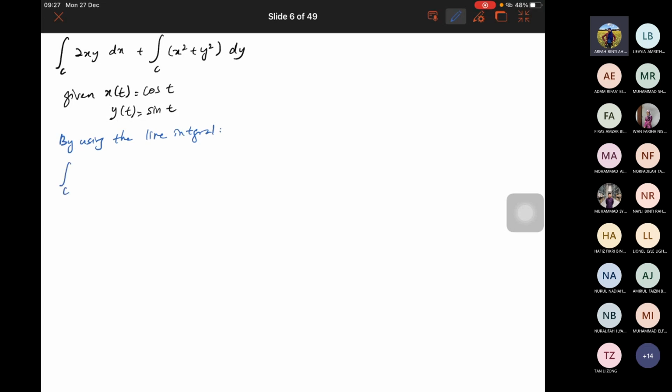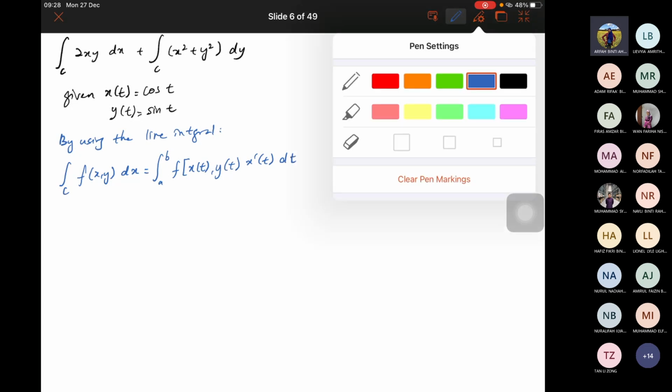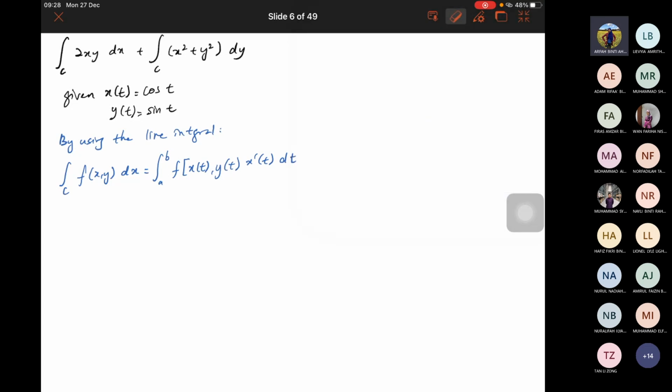So akan dapat integration over the curve C, function of xy dx equal to integration over the curve AB f function of x(t), y(t) x prime t dt. Okay, this one.